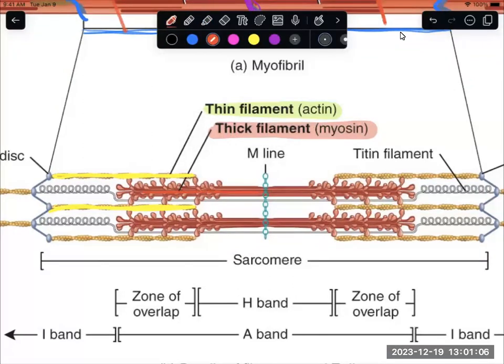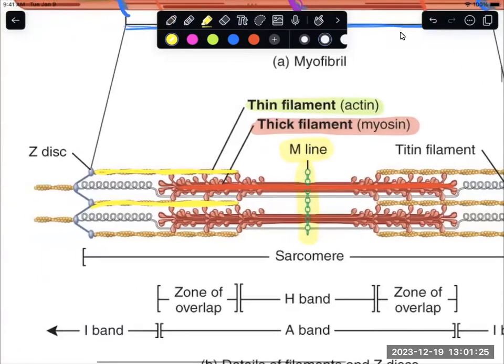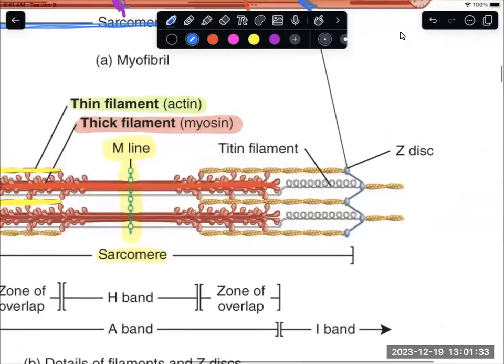That is my myosin. We have the M line in the middle. That just designates my middle. My sarcomere goes from that Z disc on one side to my Z disc on the other.